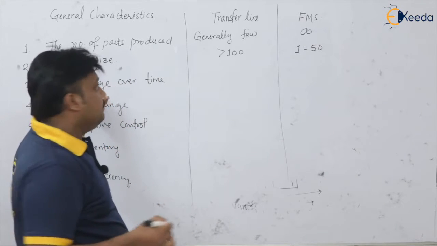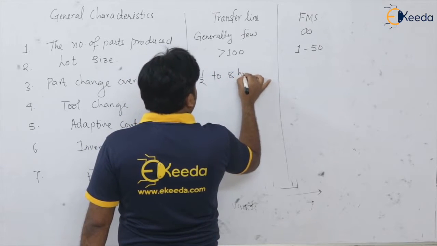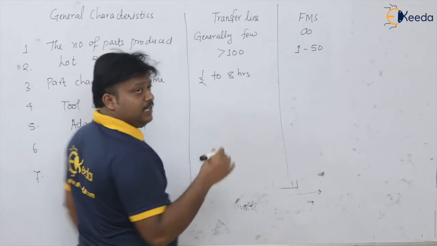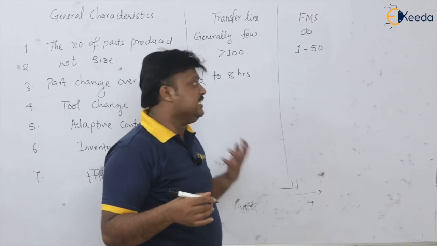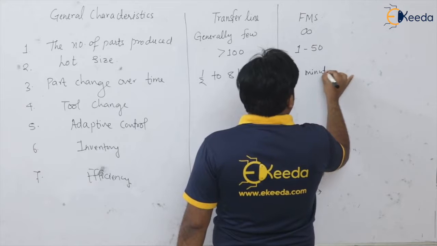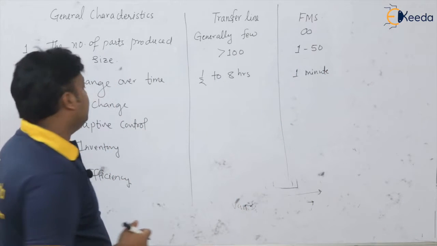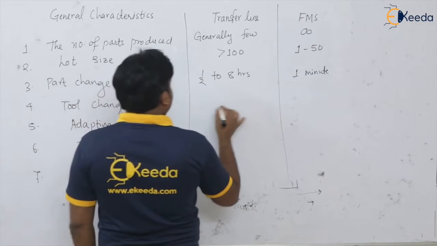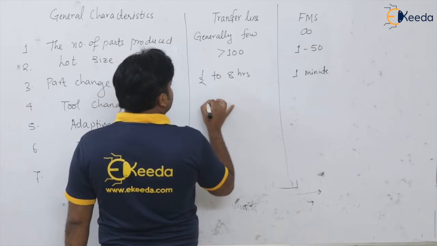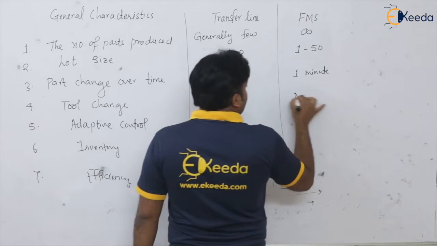Part changeover time in transfer line is from half an hour to 8 hours. See, very huge. But in FMS we are using the single minute exchange of die, SMED. In 1 minute you are able to change the setup on the machine. Tool changes in transfer machine are manual, whereas in FMS it is automatic.